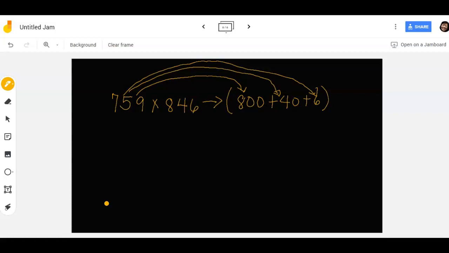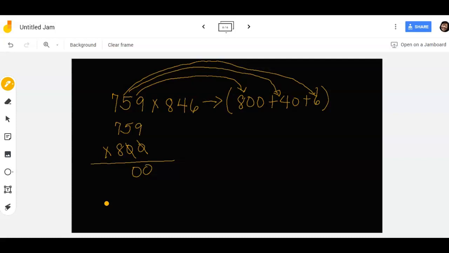But for me, it is easier to put the numbers that end with zeros at the bottom. So I would write 759 times 800. 800 ends with two zeros, so it is shorter for me to cancel out the two zeros and write them down in my product. And I would continue multiplying.